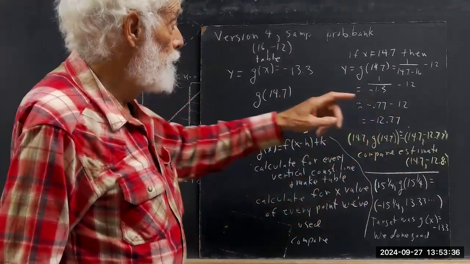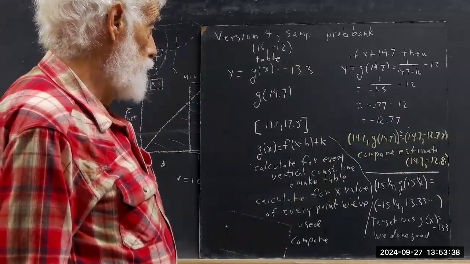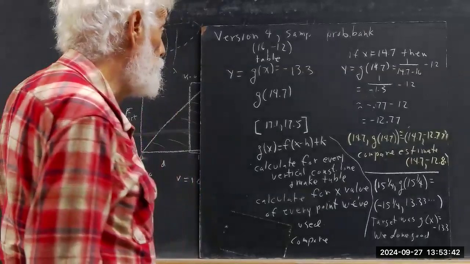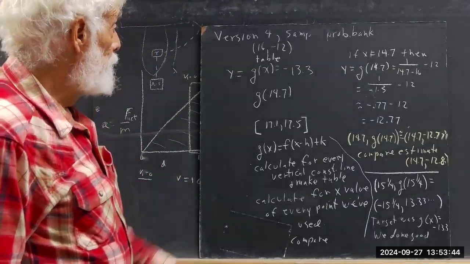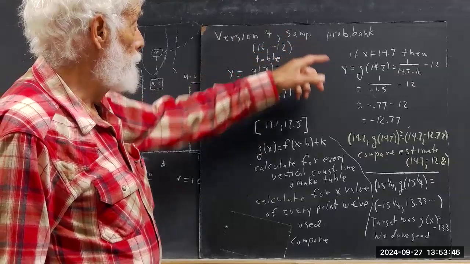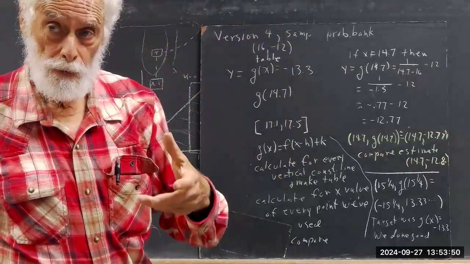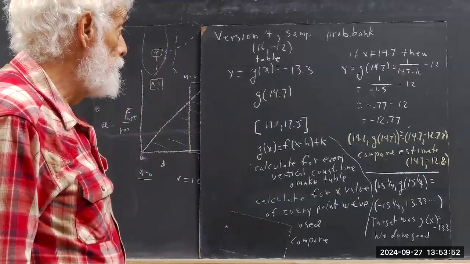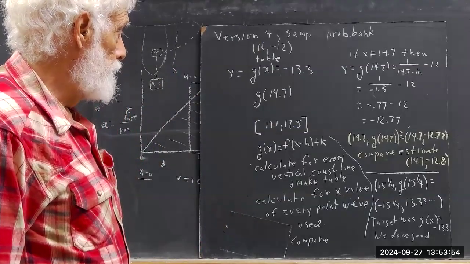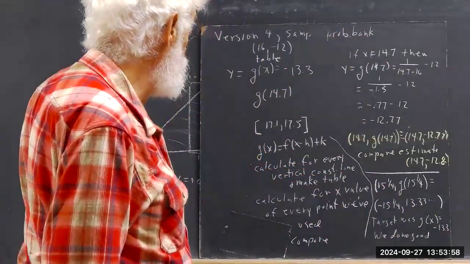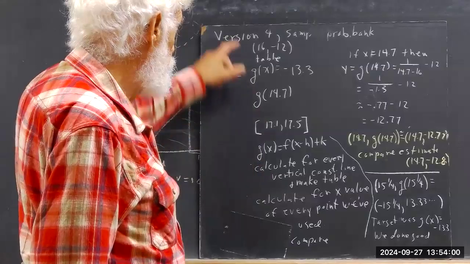Now, I'm doing it here for the, which function is it? Let's see, let me look at the graph. Yeah, it was a reciprocal function, okay. So this is version 4 sample problem bank. I think the 101 function that I chose to do is the reciprocal function, okay? And this goes with one of the other videos, but right here.